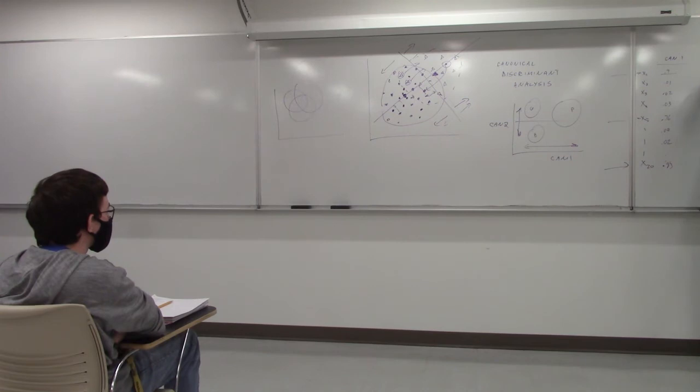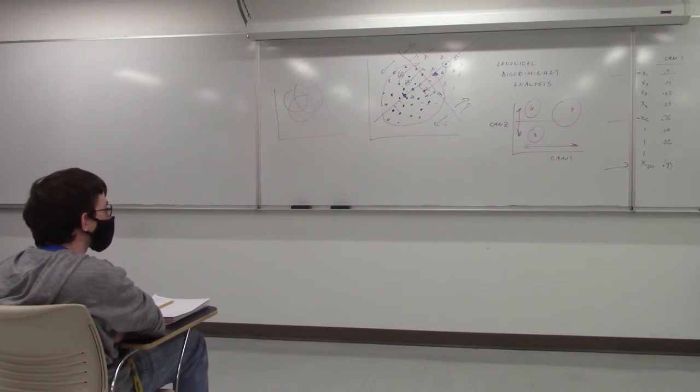Canonical axis 2 is going to be fundamentally different. This is going to be 0, 0, this might be 0.9, 0, 0, 0, 0.7, 0, 0, all the way to the end. These two things are not necessarily orthogonal.